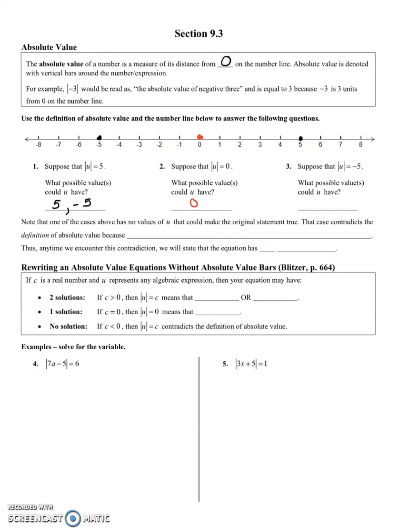All right, what about the absolute value of u being -5? What possible values could u have? This one makes no sense because distance always has to be positive, so there's no way to go -5 in any direction. So there's no value such that the absolute value of u is -5.